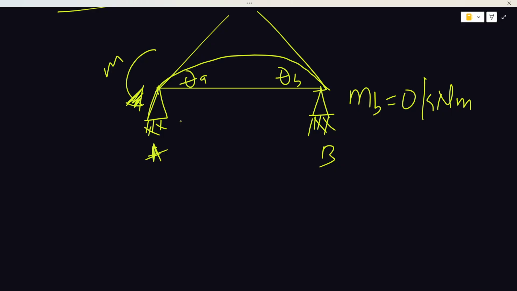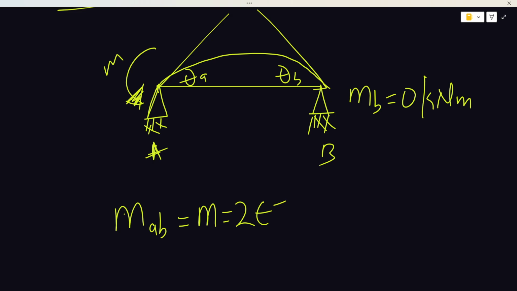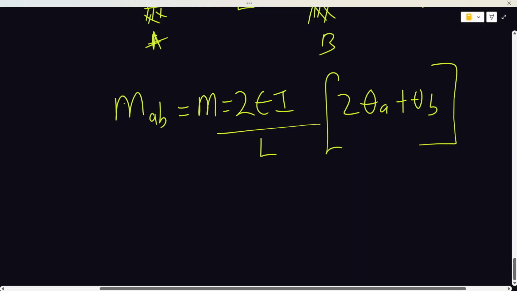So once again, MAB, which is equal to M, is equal to 2EI over L times 2 theta A plus theta B. Once again, chord rotation is 0, fixed end moment is 0.